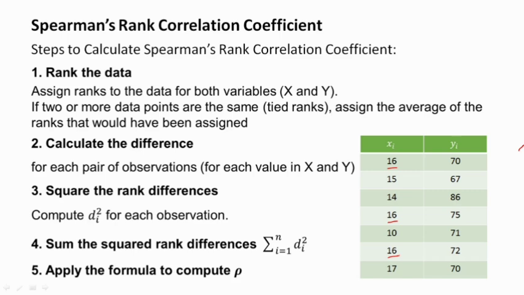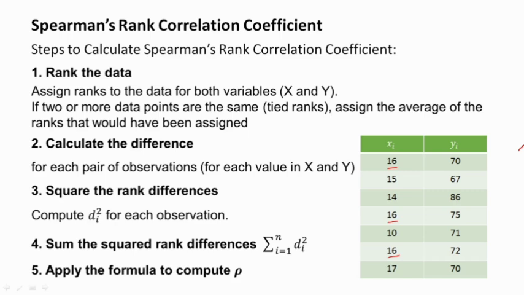The next step is to calculate the difference between the rank of x and the rank of y, the two variables. The third step is to square the rank differences.